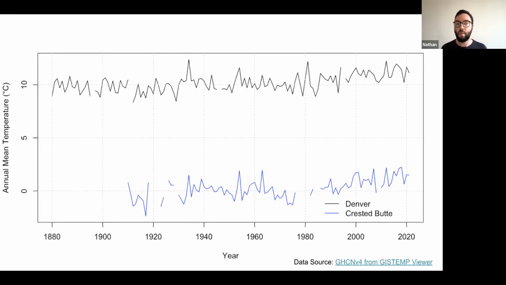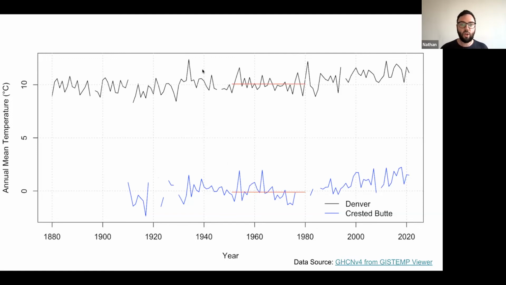And so if you remember, the idea of a temperature anomaly was taking an observed temperature like we have here and subtracting out some kind of temperature that we expect, or some average temperature. So to illustrate that concept in these two time series, in these two locations, I picked a time period when both of them have pretty consistent data.